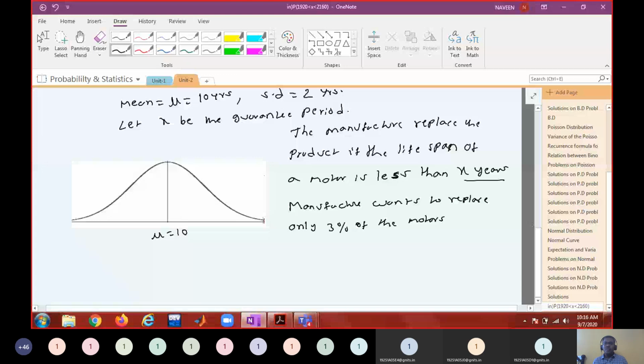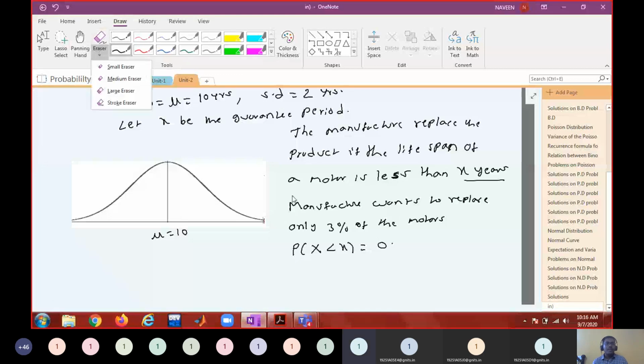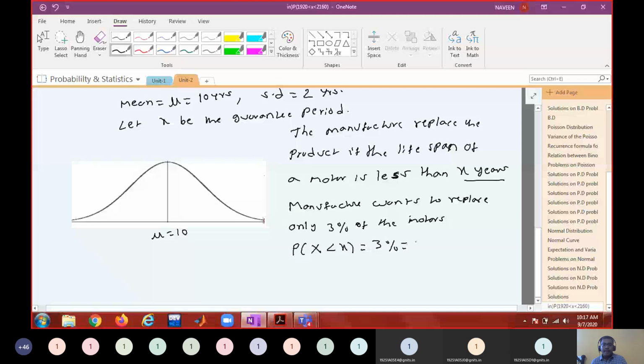That means the probability that lifespan is less than x must be 3%. 3% means 0.03. For him, he wants to have only 3%. Then only he will replace. So 3% means 0.03.